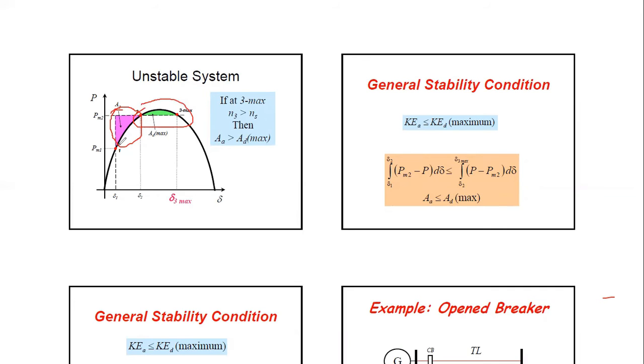Therefore, whatever acceleration is gained by the system will not be released in the deacceleration area as deacceleration energy. Therefore, some energy will remain with the system, which can make the whole system unstable. So this is the general stability condition for the alternator or the system: the acceleration area has to be equal to the deacceleration area.